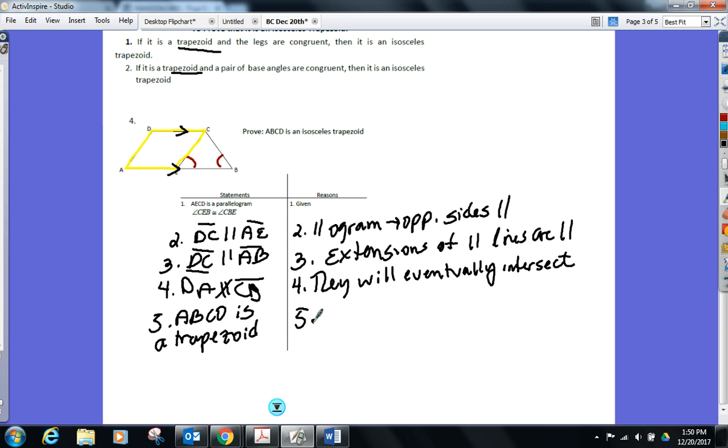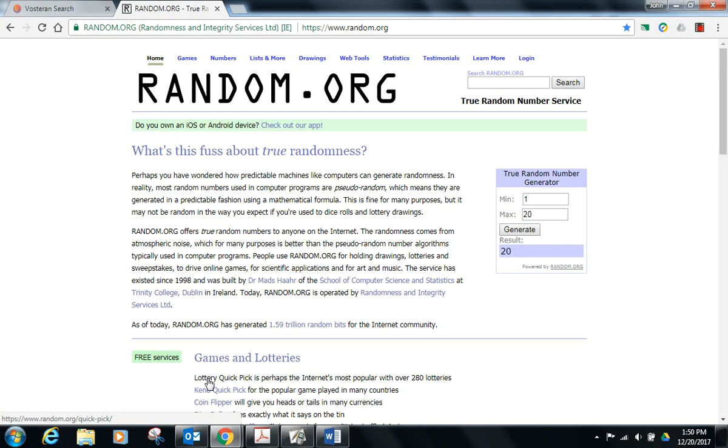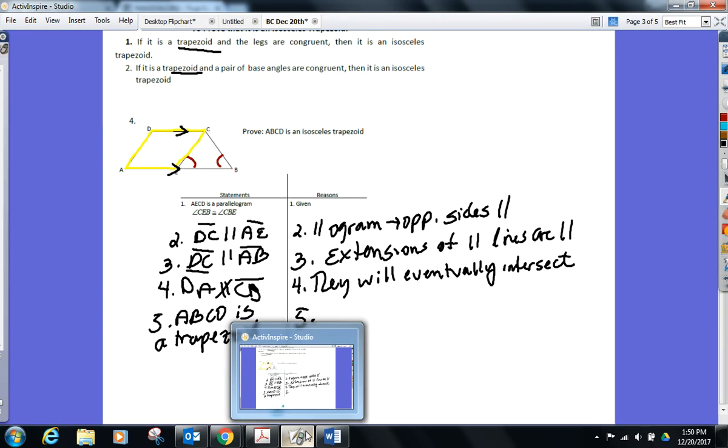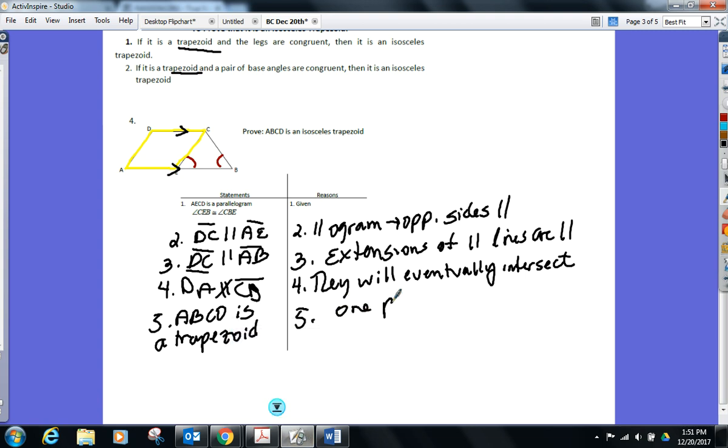Yep. Why is it a trapezoid? What's a good reason? Why is it a trapezoid? It's a trapezoid because one pair of opposite sides parallel. Okay, let me write that down. One pair of opposite sides parallel. And you were going to continue because that's not good enough.